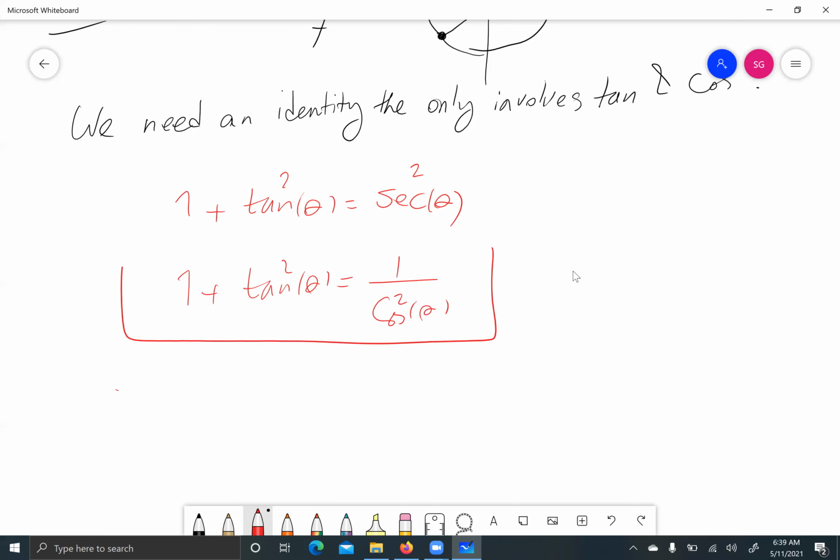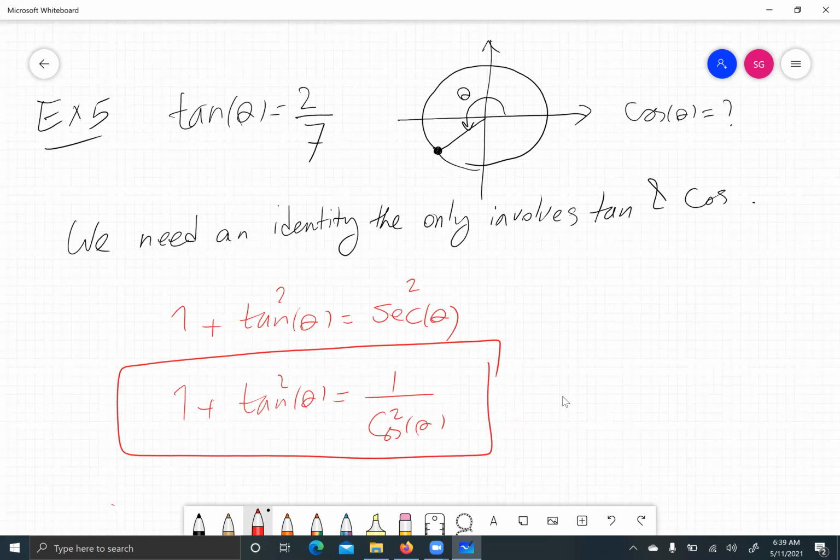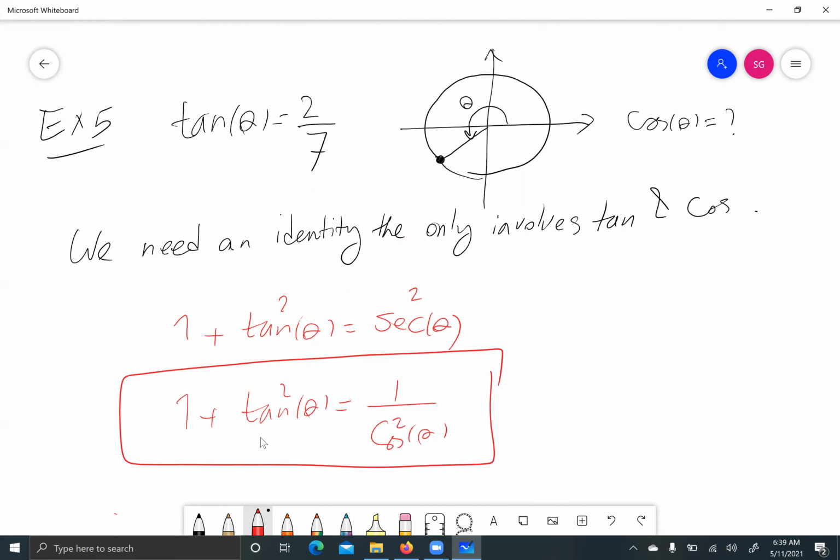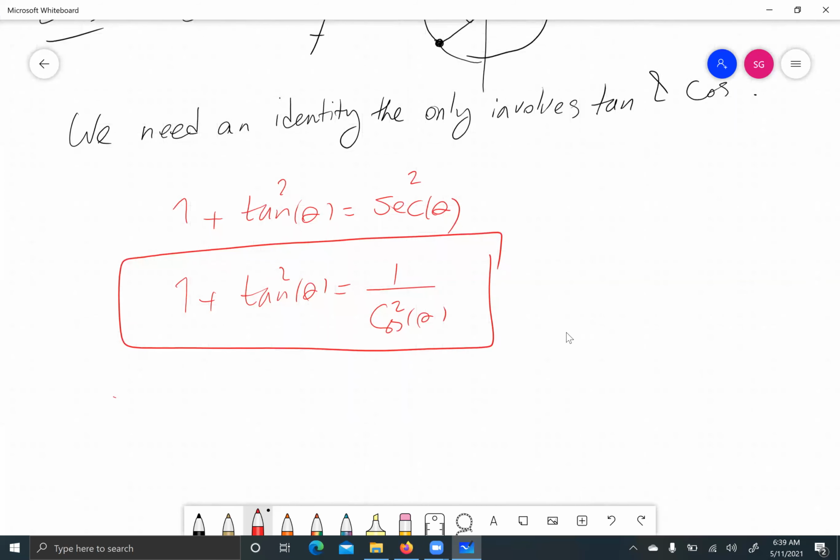This is what we need to use in this question. Why? Because in this identity, the only functions involved are tangent and cosine. I know the value for tangent, so I can say the tangent is 2 over 7. So we can substitute 2 over 7 for tangent, and then we can solve this equation for cosine. You see that?